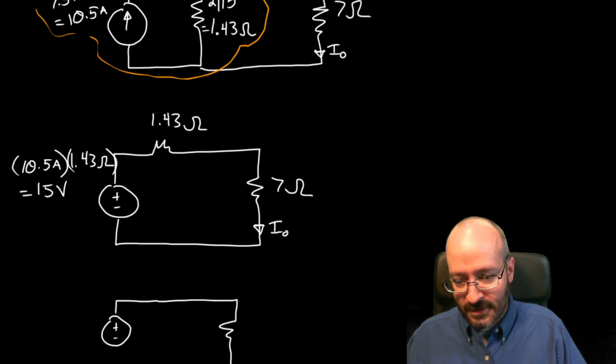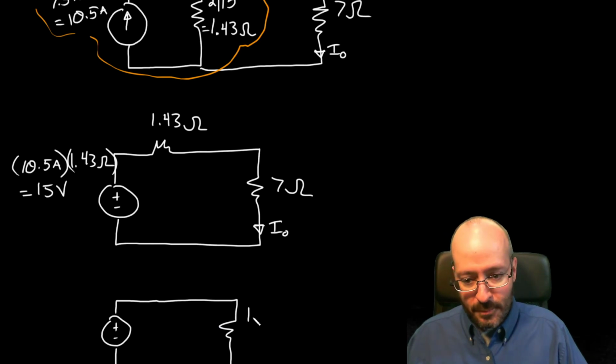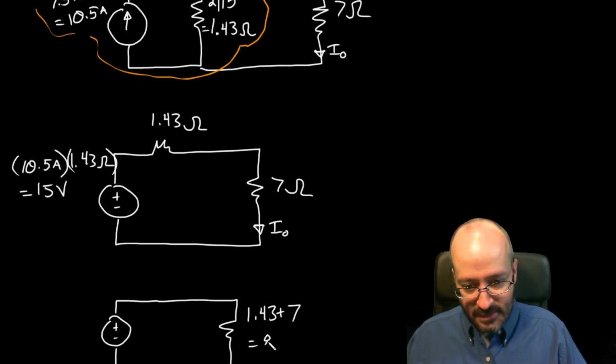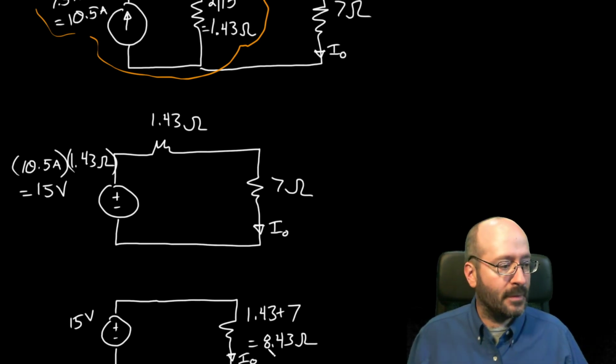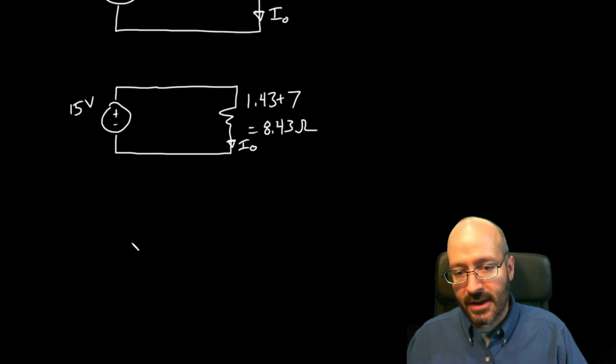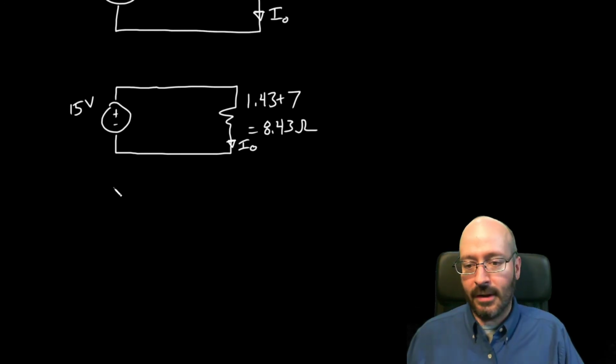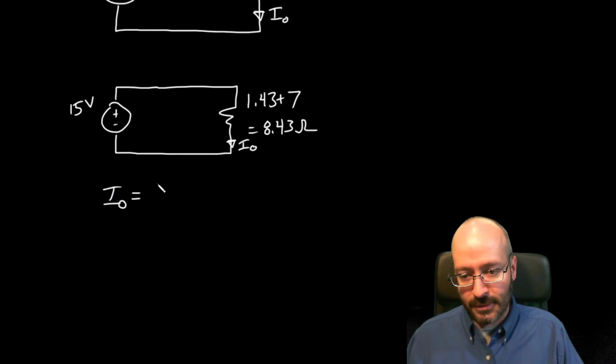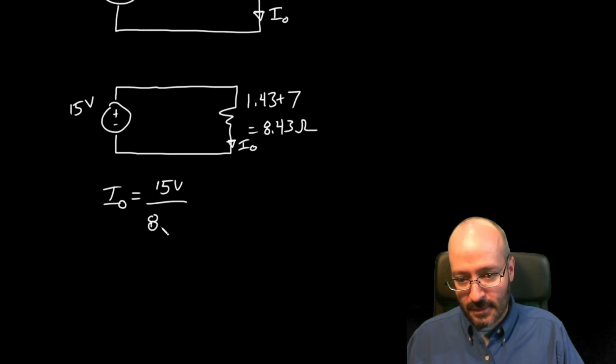Okay, so redraw this one as a single resistor. 1.43 plus 7 equals 8.43 ohms. This is 15 volts, and I'm interested in I out. So the last thing we've got to do is use Ohm's law and say I out is equal to 15 volts over 8.43 ohms.